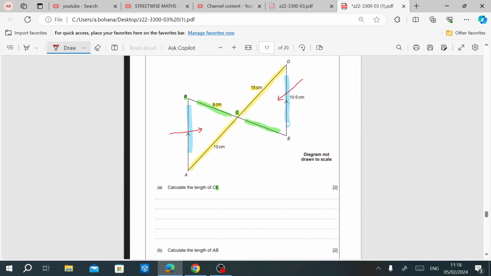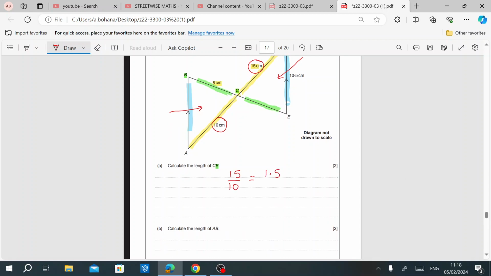They want you to work out the length of CE. So you're going from big to small. So obviously they're similar. So there's a ratio involved here, okay? So how do I locate that ratio? Well, do you see how I've color coded these? The 15 goes with the 10. So what you do is you take the big value, always divided by the little value, and the answer is 1.5.